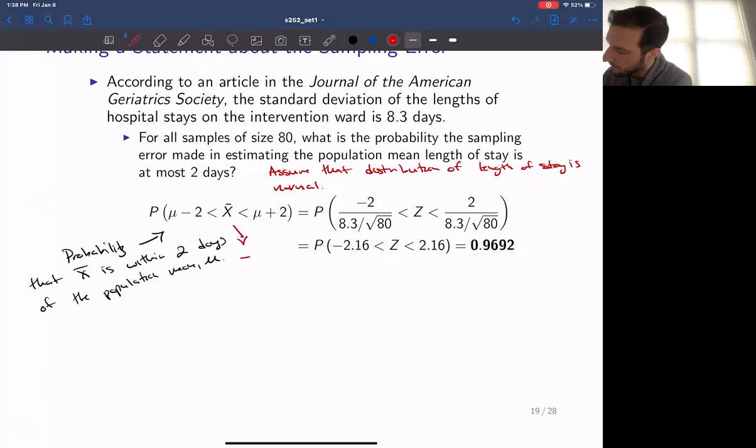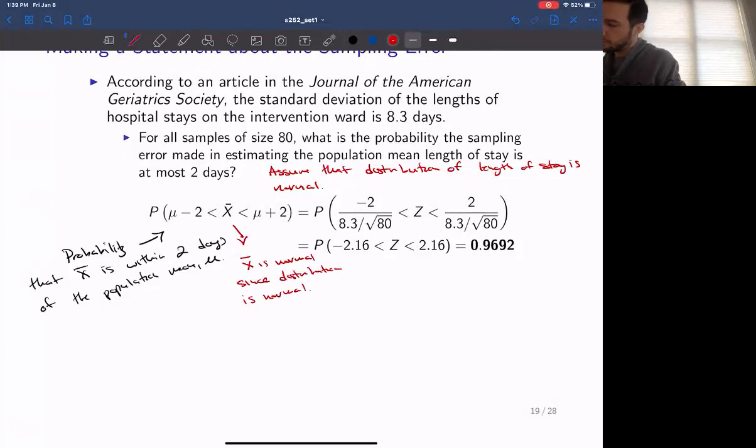Since the distribution is normal, I can standardize X bar, or I can standardize the limits of the probability statement, and then I can just compute the probability of being within these 2 points.